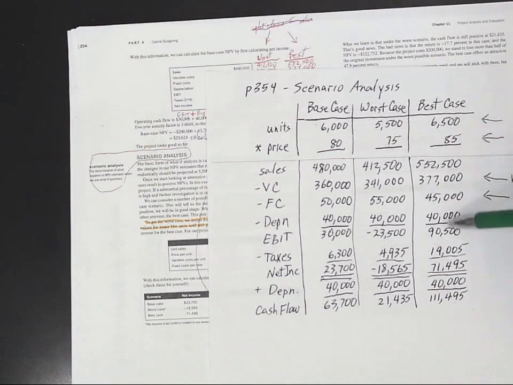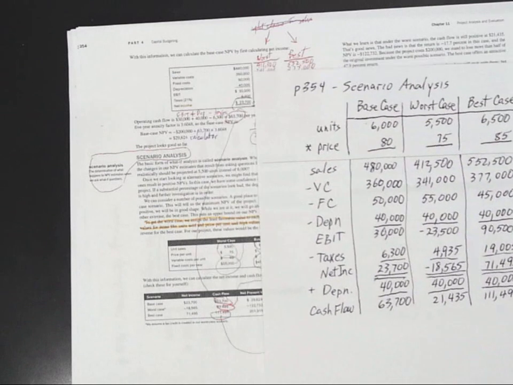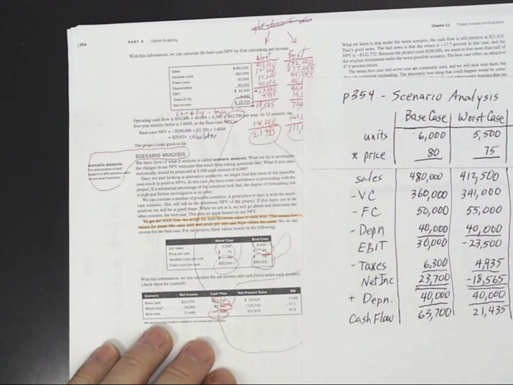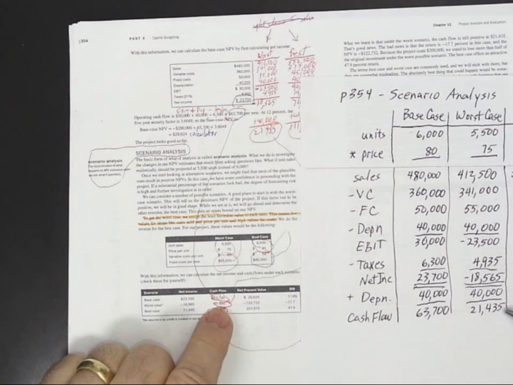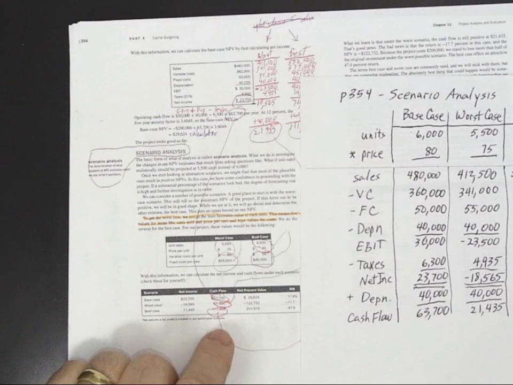And for the best case, you can see it here, same sort of idea. Note that we have each of these 4 variables, and you'll see that this $21,435, which is the worst case scenario cash flow, is this number right here, and the $111,495 is this number right here.